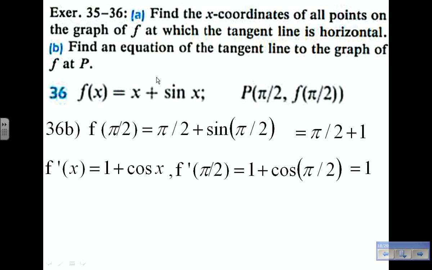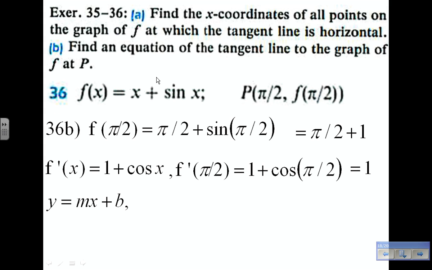What is the equation for the point slope formula? Yep. Yeah, so I'm going to take y minus pi over 2 plus 1 equals 1 times x minus pi over 2, the point slope. Oh, this one I did y equals mx plus b.